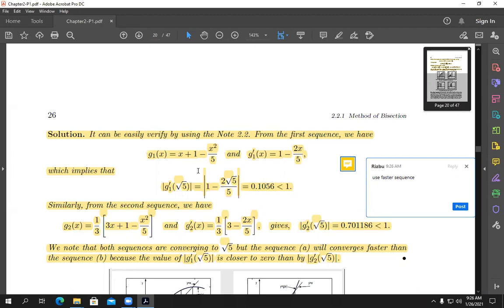Use the faster sequence to find alpha minus x2, right?